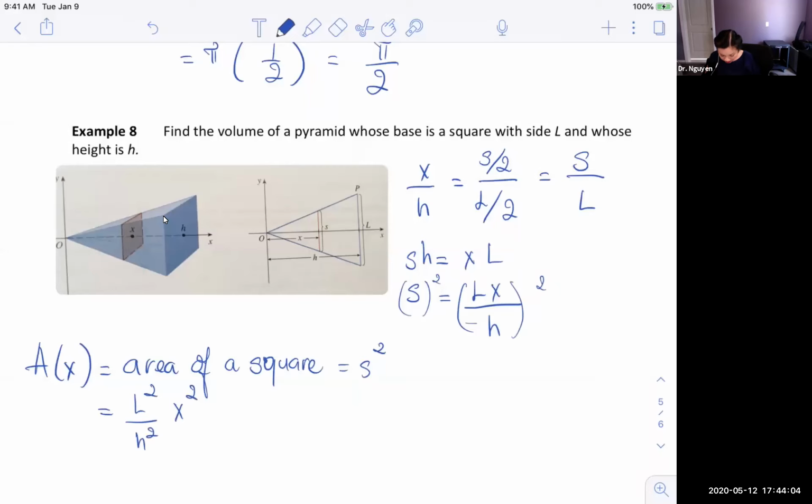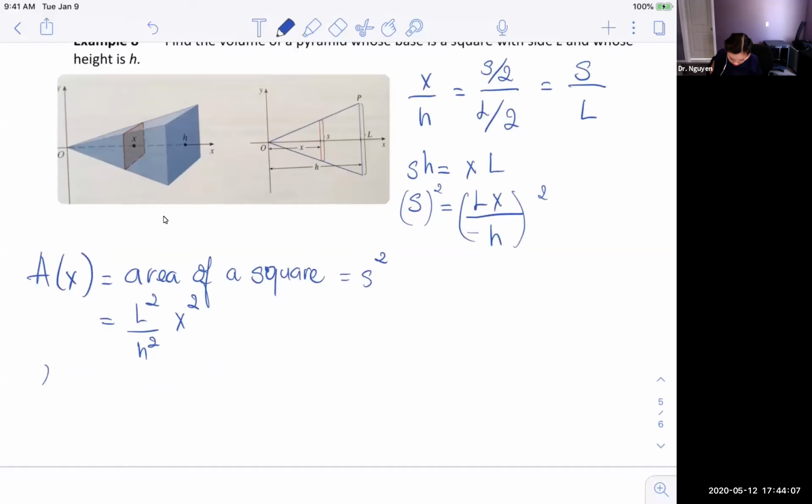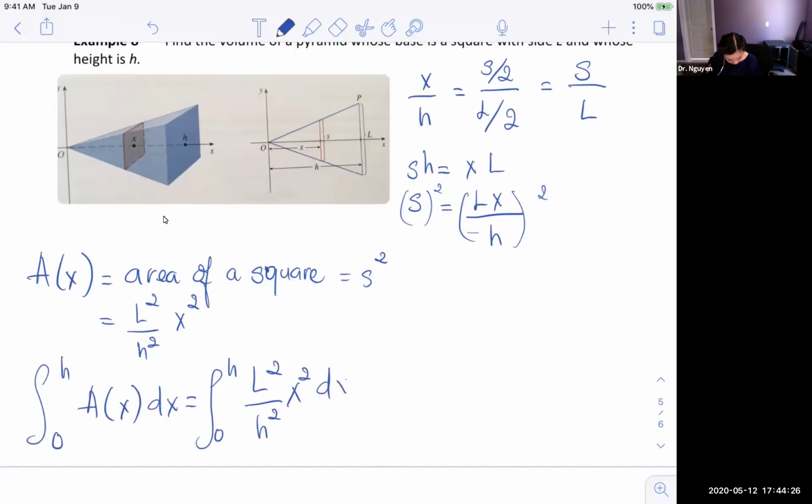Okay, so we're going to integrate that from 0 to h. And then I have A(x) dx, which is what? Integral from 0 to h of L squared over h squared times x squared dx.